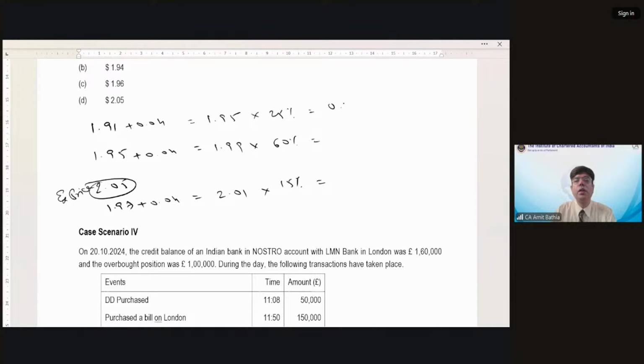Here it is 0.48. This will become 0.4875. And here is 1.194.